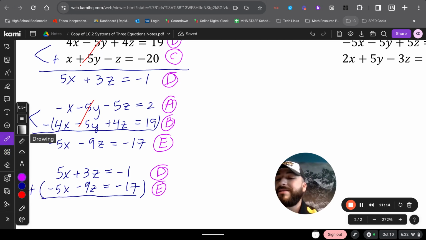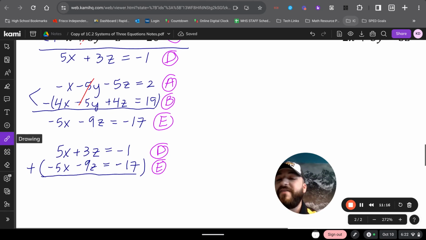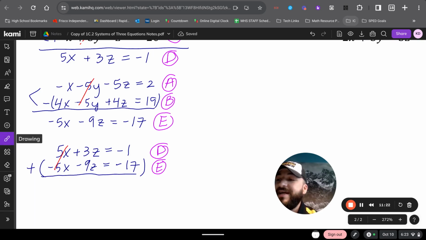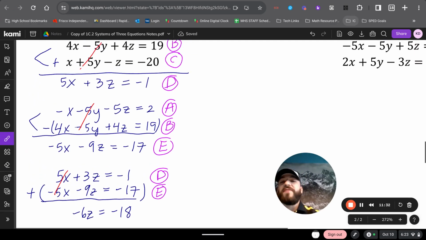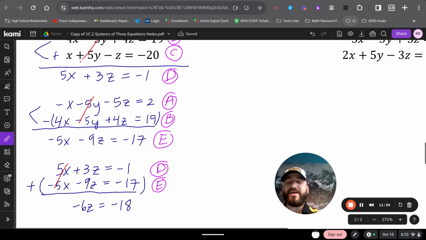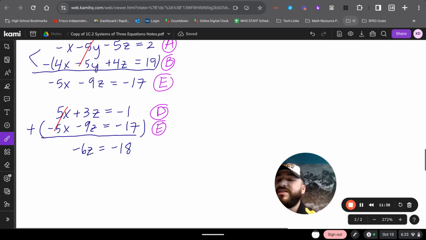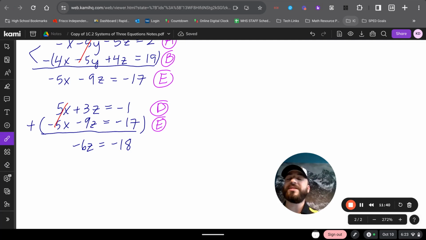Adding these across, 5x and negative 5x, that's going to cancel out. 3z and negative 9z is going to give us negative 6z. And negative 1 and negative 17 is going to give us negative 18. Okay, so we've now added our two sets of our 3x3s and then our set of our 2x2s, which leaves us with a single variable with a single constant.